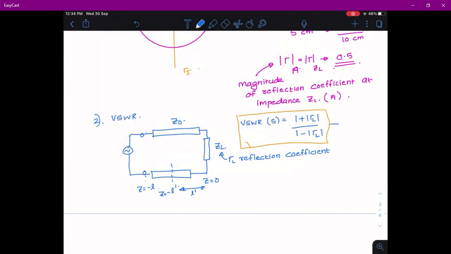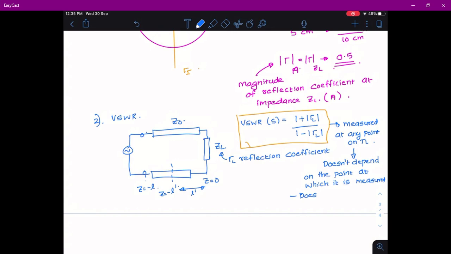Remember, VSWR can be measured at any point on the transmission line, and the VSWR doesn't depend on the point at which it is measured, or you can say doesn't depend on L dash.